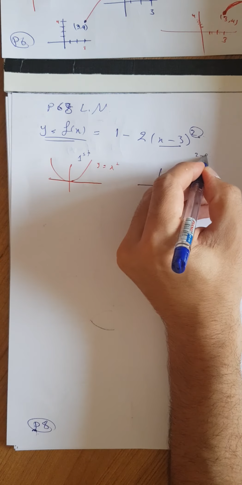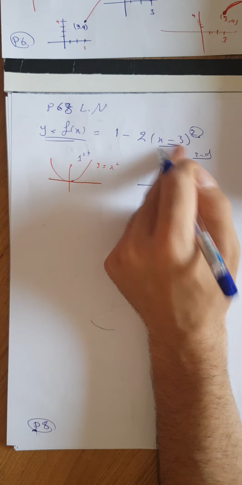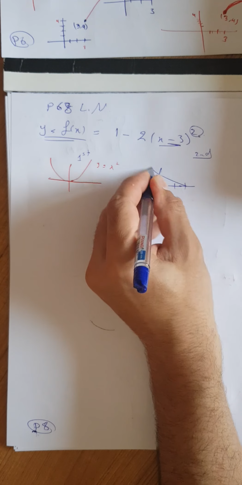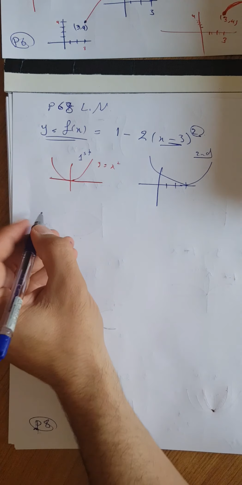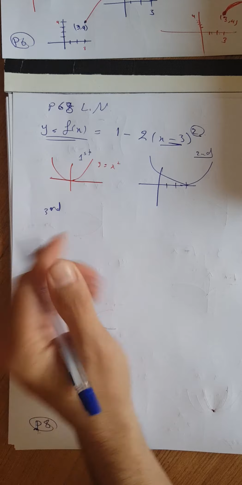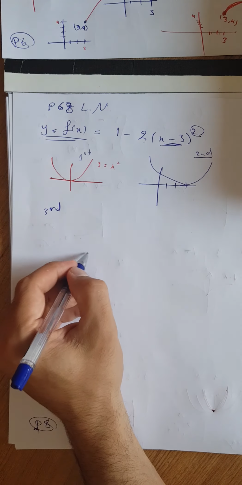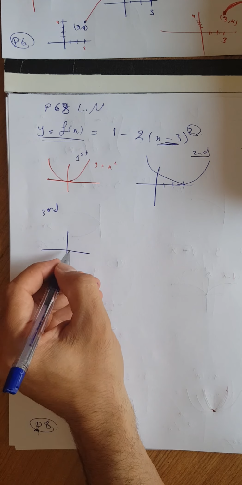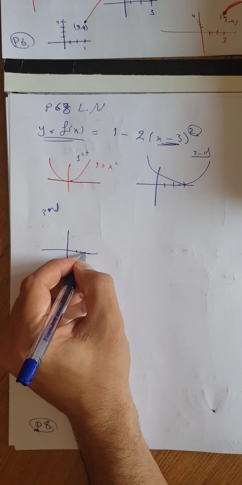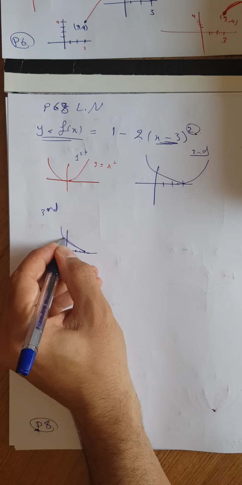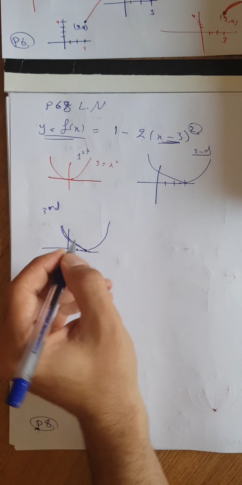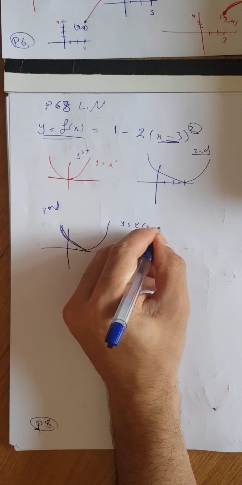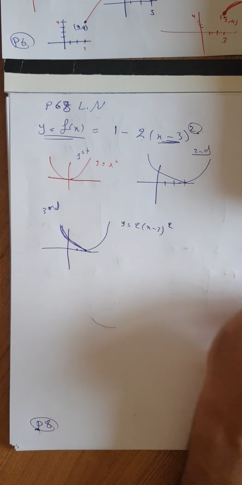For the second step, inside I have minus 3, and I know minus 3 shifts it like that. For the third step, I have multiplied by 2. As I told you, this means stretching, so it's okay. We don't deal with this one as an important part, so forget about the stretching. Just write y is equal to 2 times (x minus 3) squared.